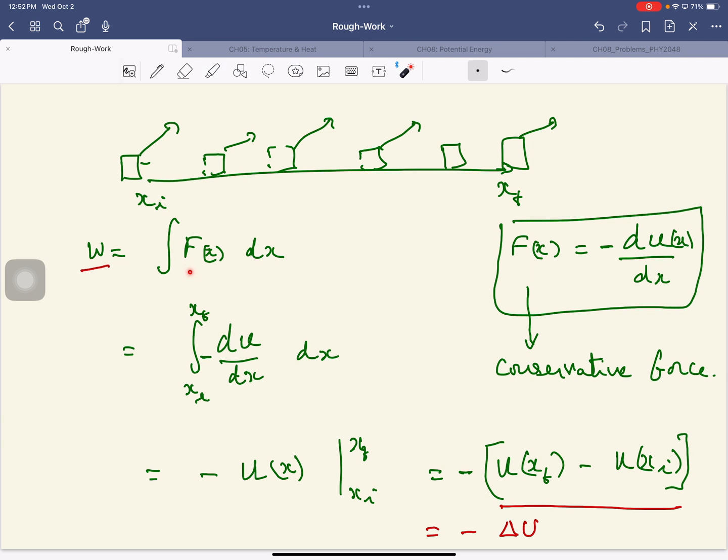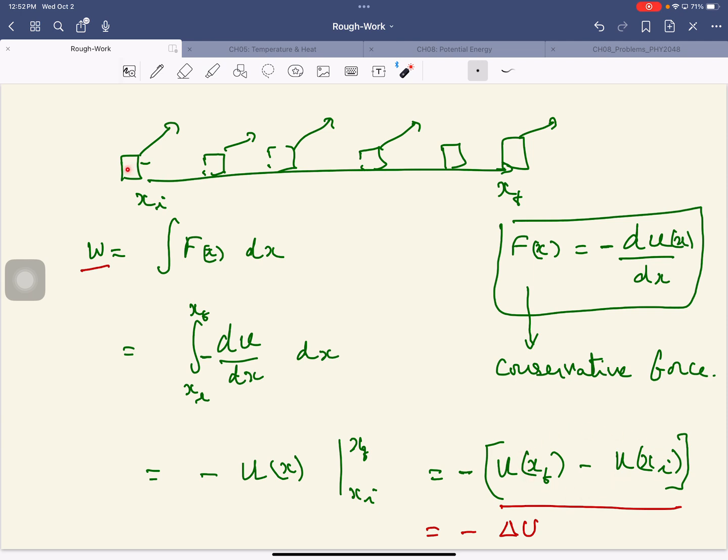Work done by that force in going from x initial to x final was equal to that function evaluated at the final point minus that function evaluated at the initial point. So when this object went from here to there, that's how much work was done.